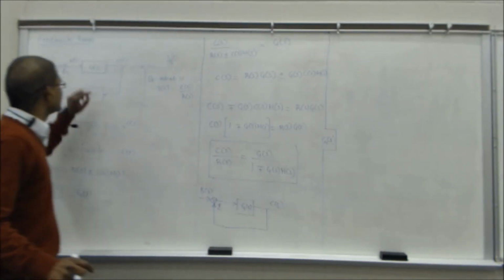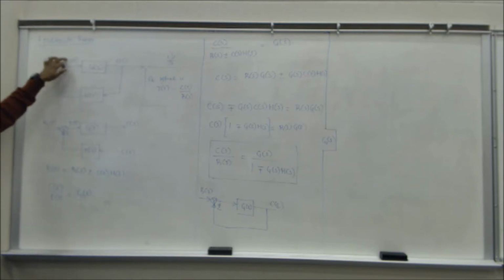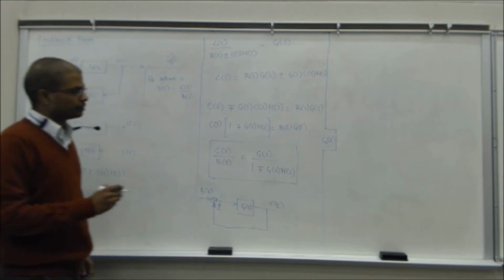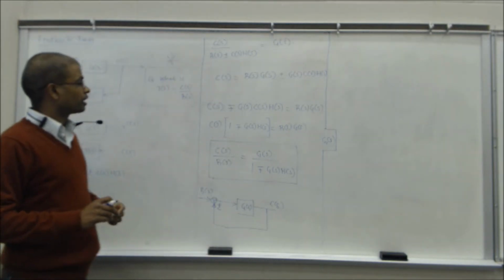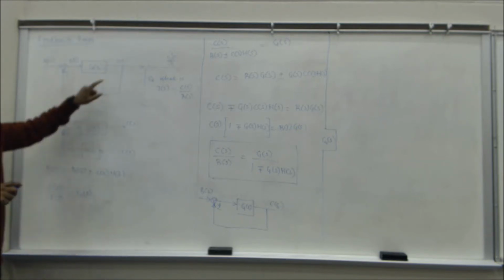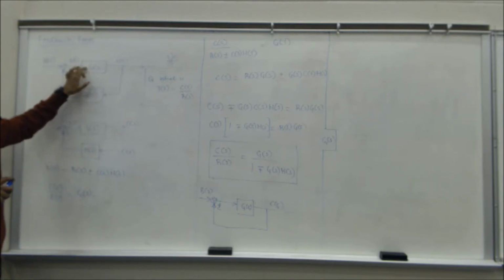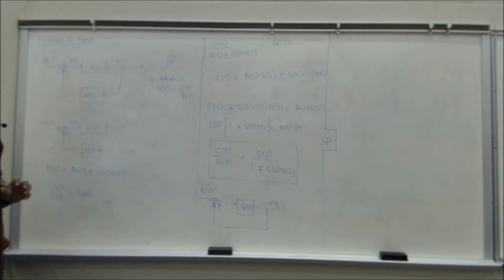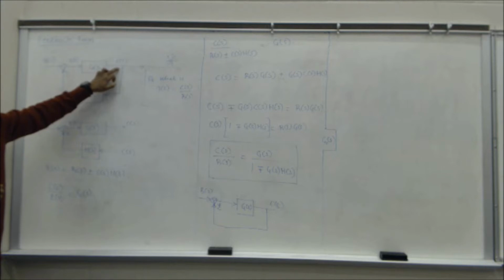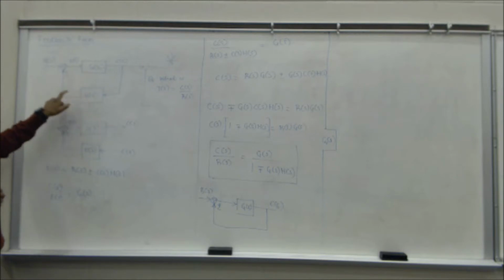See, whenever you have something like this, this is my error signal. When you try to identify systems and signals here, whatever these lines are, they are all signals, and these blocks are systems. When a signal goes through a system, it changes, right? This signal is C of S. When this signal goes through this H of S, it becomes something else.